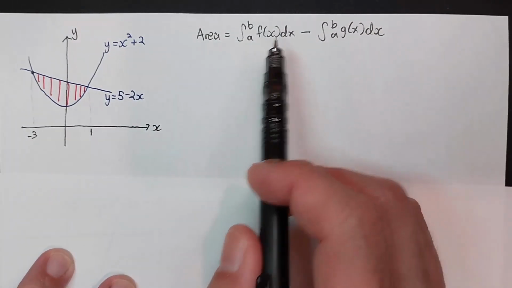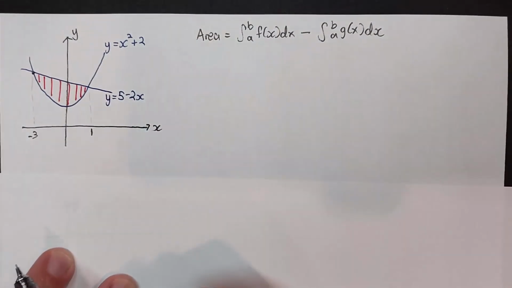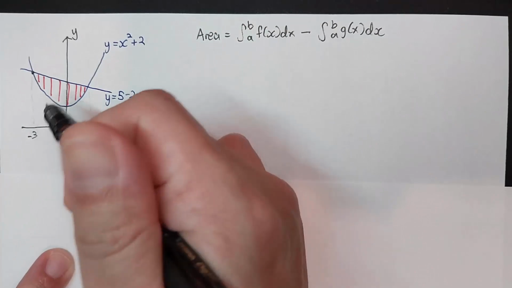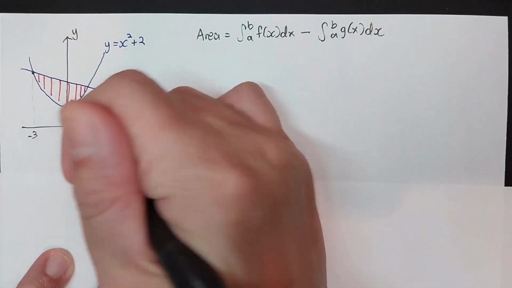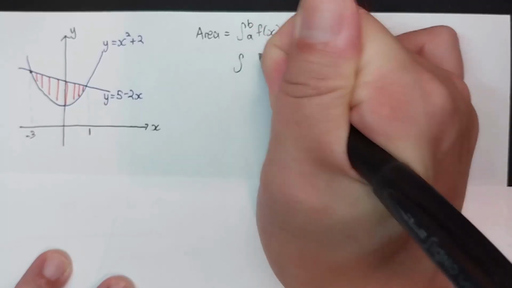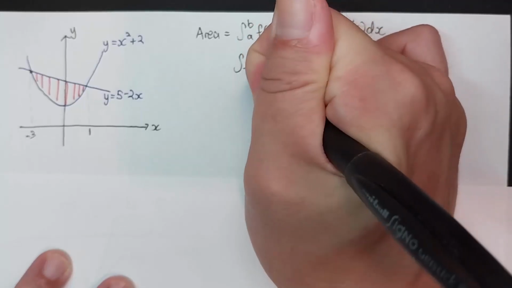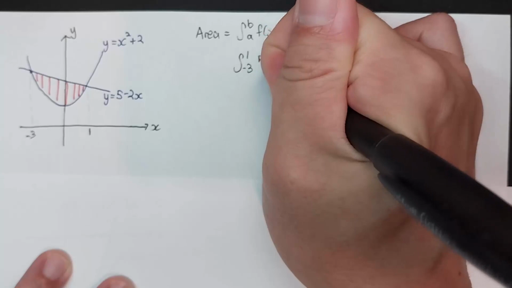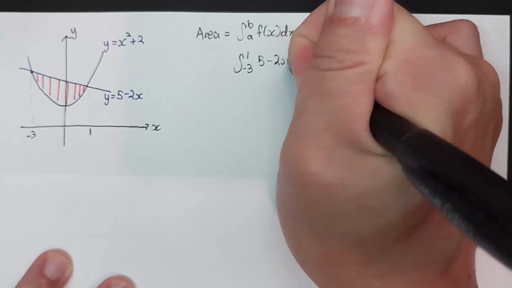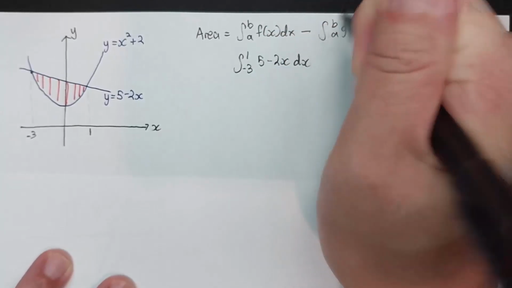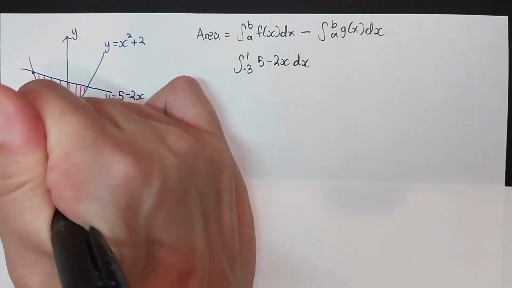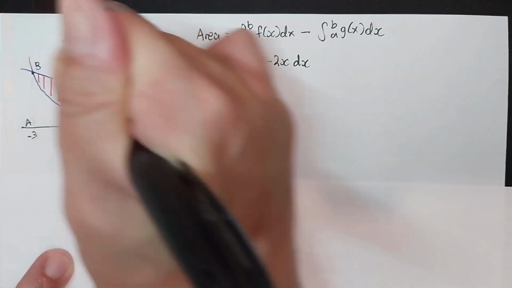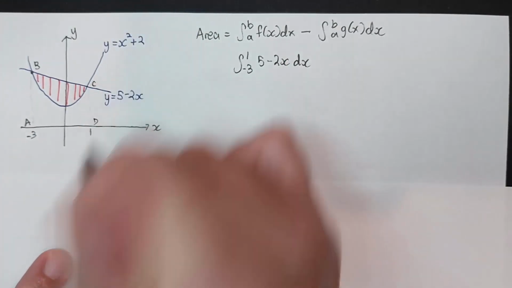So why do we use the top curve minus the bottom curve? In this case, if we find the definite integral of the straight line, from negative 3 to 1, of 5 minus 2x with respect to x, we will get the area of the trapezium ABCD.